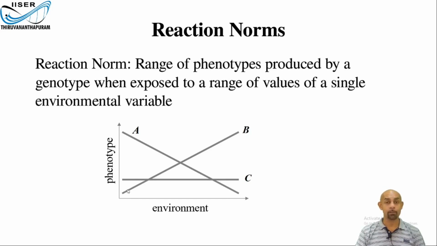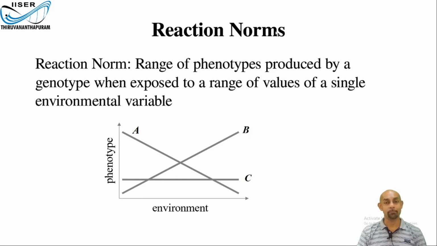So basically what I described was this kind of curve, this kind of relationship between phenotype and environment, an increasing relationship. If you could depict this in a graph, it would be called a reaction norm.